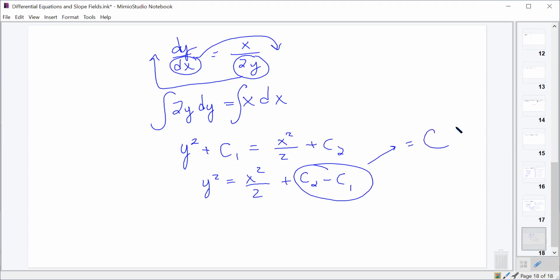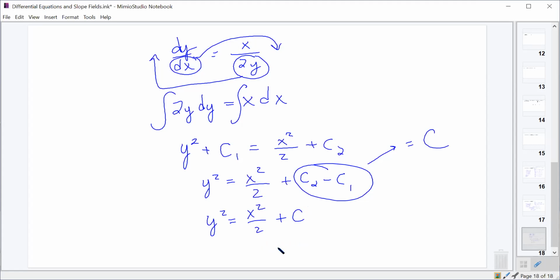Another constant. It's just some constant, right? So normally the standard convention here is that we just put plus c on the side with the x's. And that's what I'll expect you guys to do from now. So we've got y squared equals x squared over 2 plus some constant.